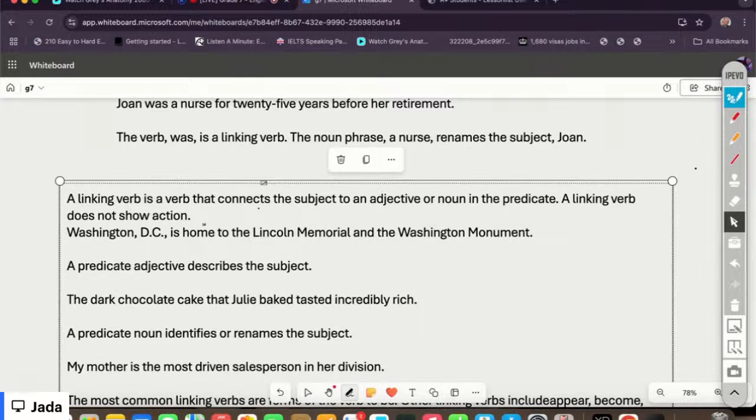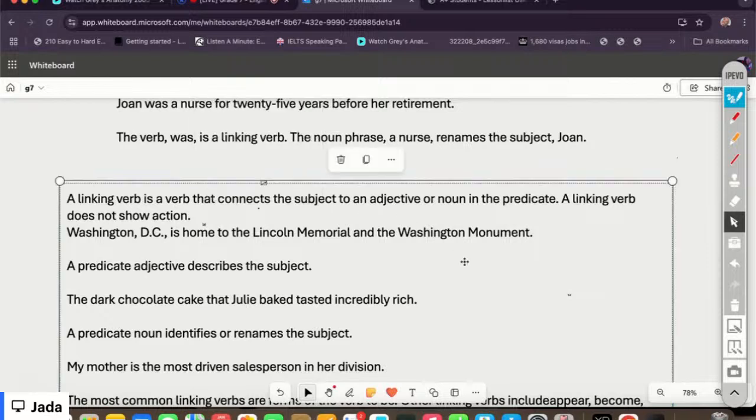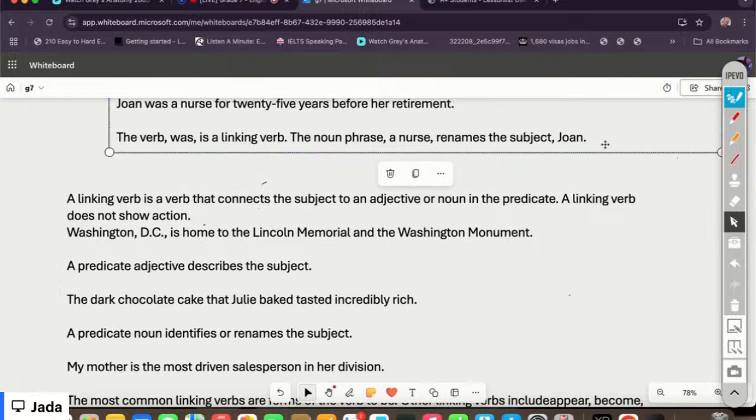Okay. So moving on to the next lesson, we have linking verb.